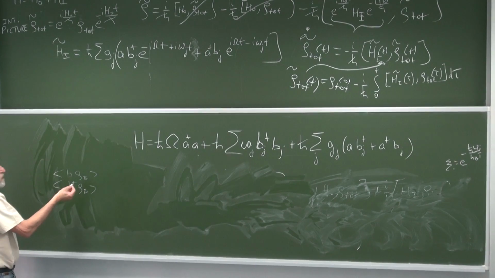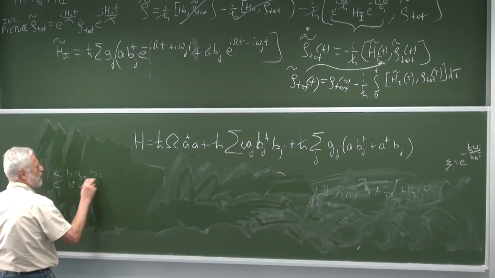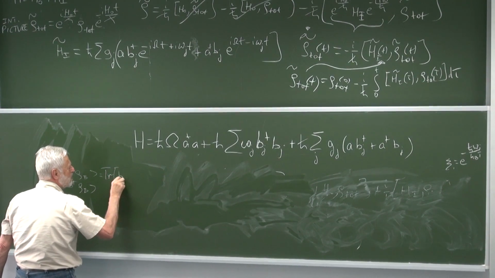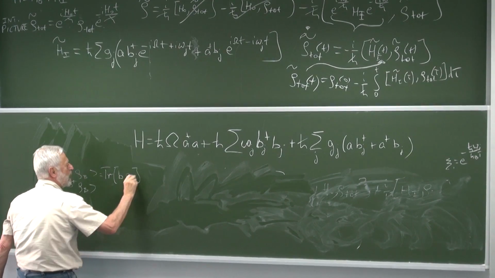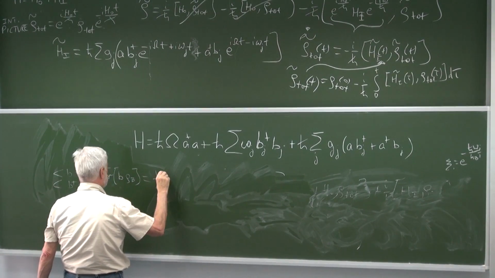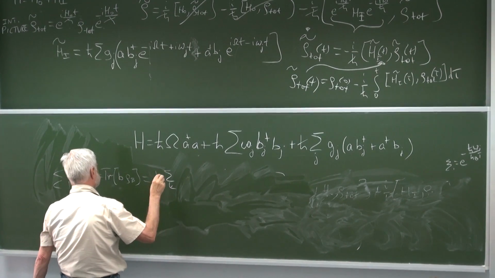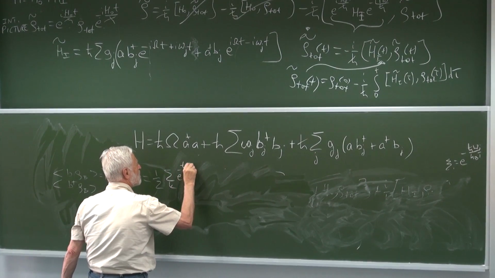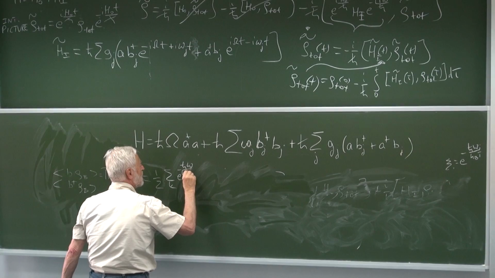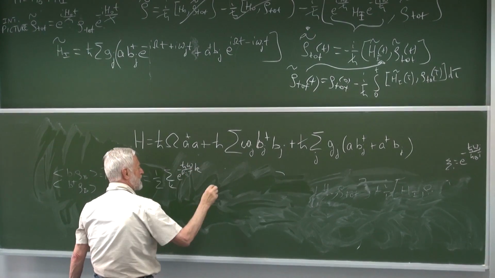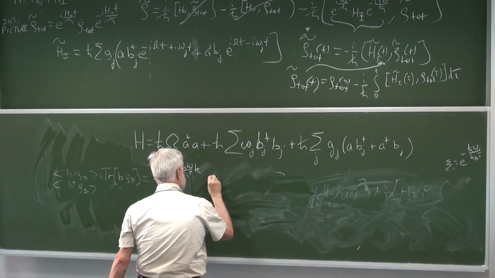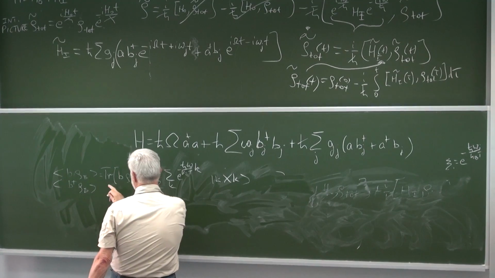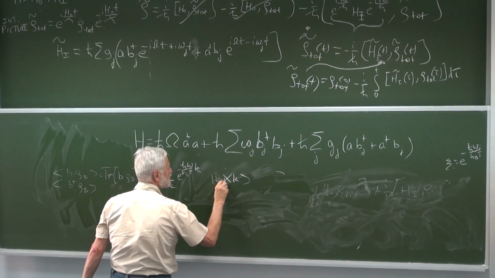For one given mode, yes? If I have this fellow, this is nothing but a trace, I repeat, of b rho. And this is the same as 1 over Z, sum over k, and then this e to minus h bar omega divided by k_B T times |k><k|. And here I'm getting b acting on k, yes, and then one annihilation, which makes |k-1><k|.